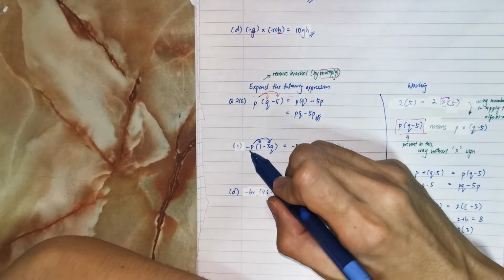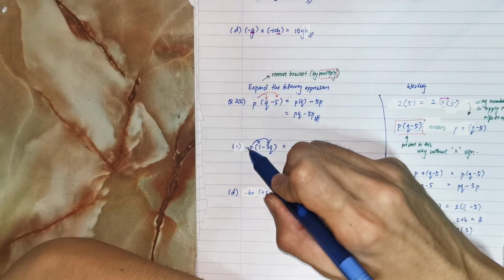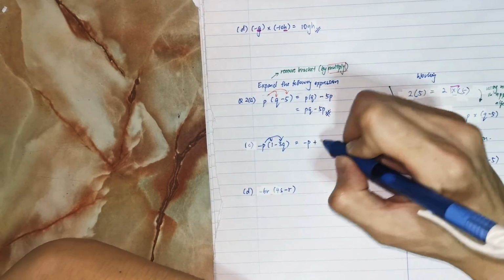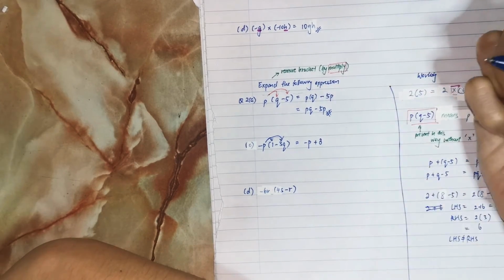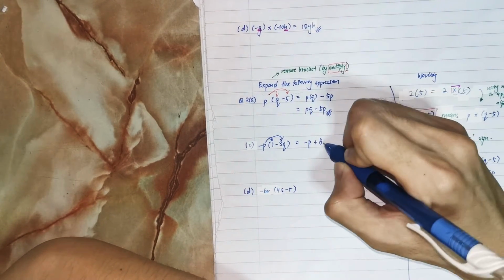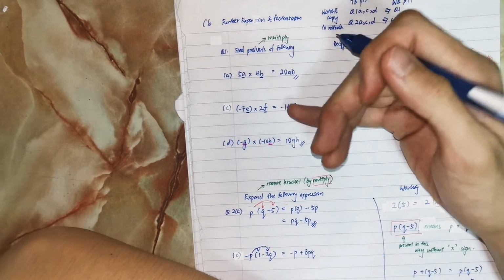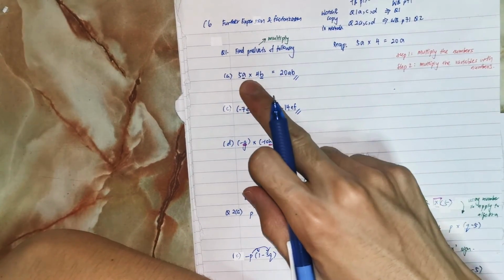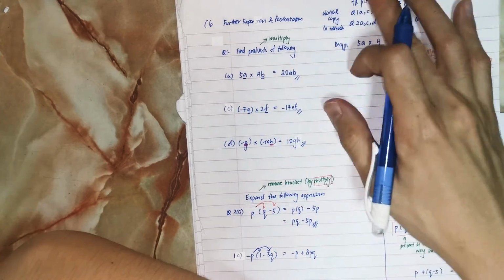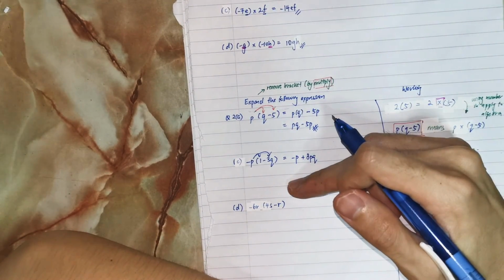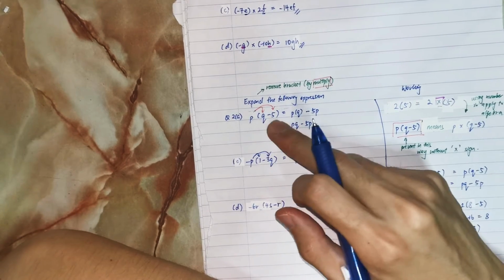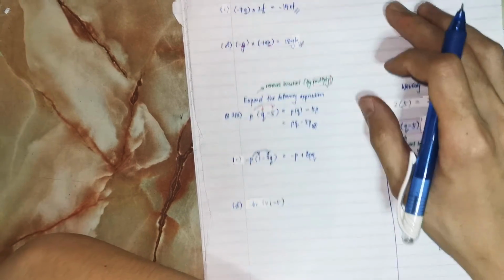We multiply the numbers first, so there's an invisible 1 here, negative 1 times negative 3 gives me 3. And p times q is pq. What I'm trying to do is build on the concepts. We multiply a term by itself first before you go to expansion, because expansion is like 2 sets of multiplication.